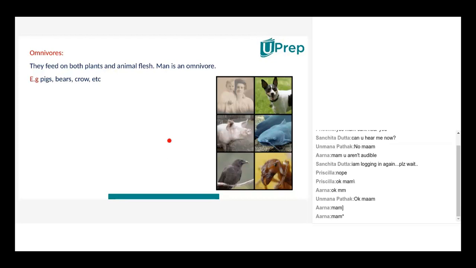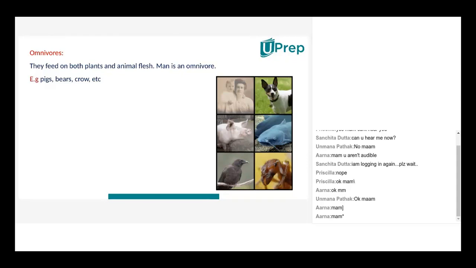Dog. Yes. Okay, omnivores are the animals which eat both veg and non-veg. You will not say veg and non-veg in science. You will say both plants as well as animals. Plants and animals. Okay, ma'am, sorry. Few examples are there.